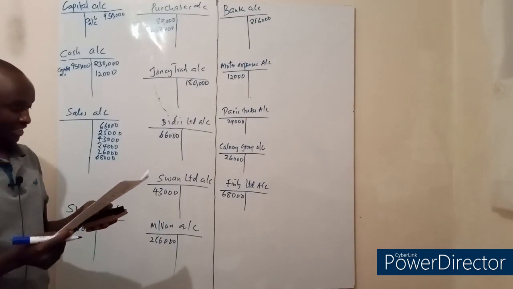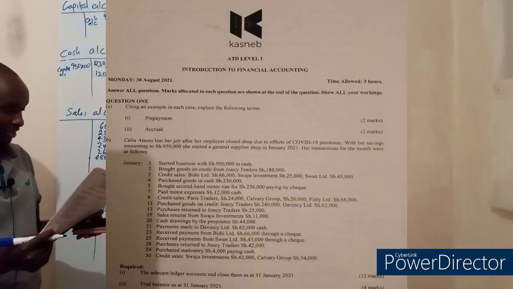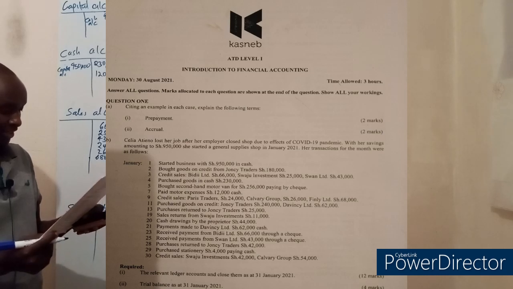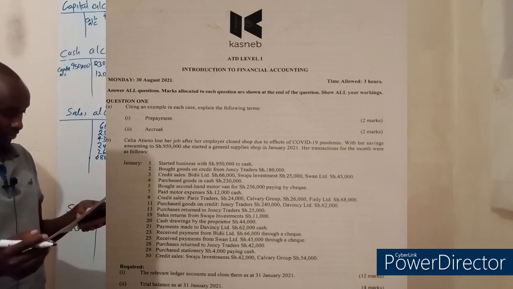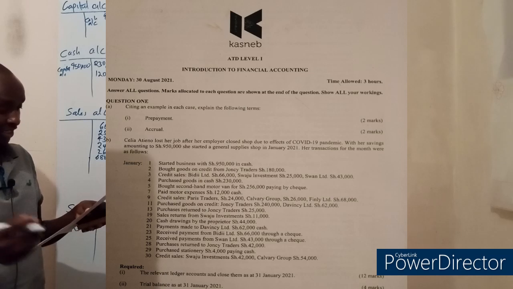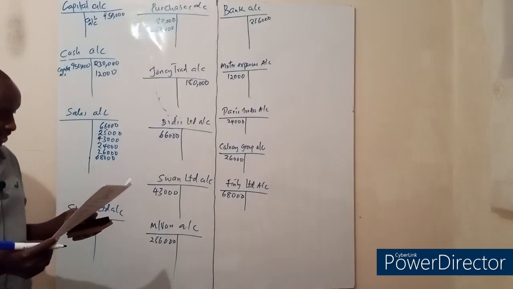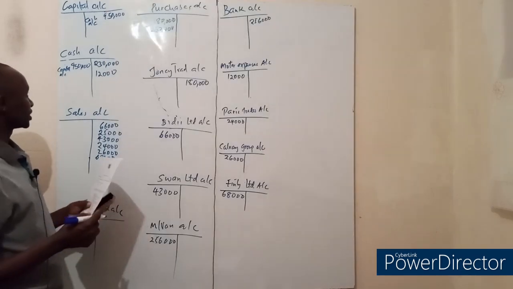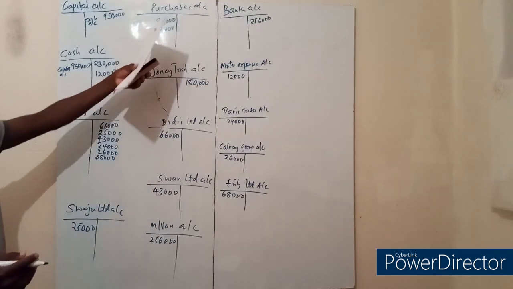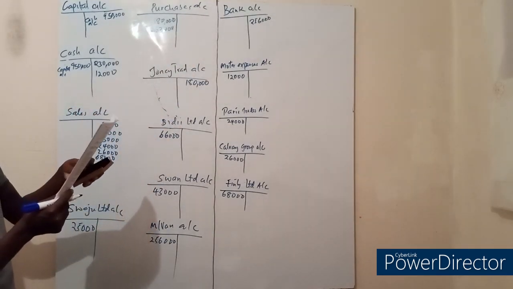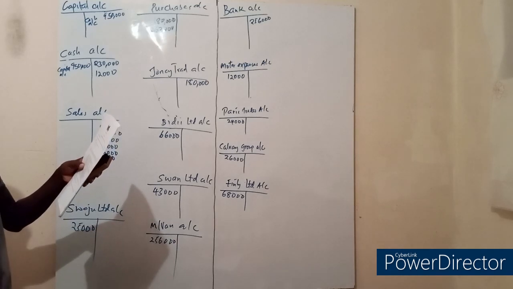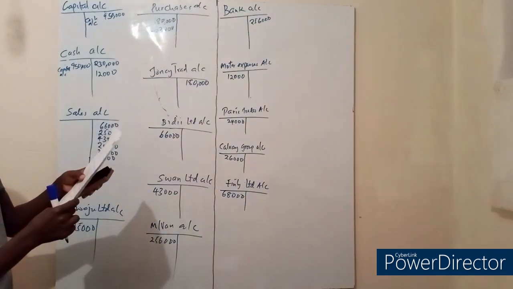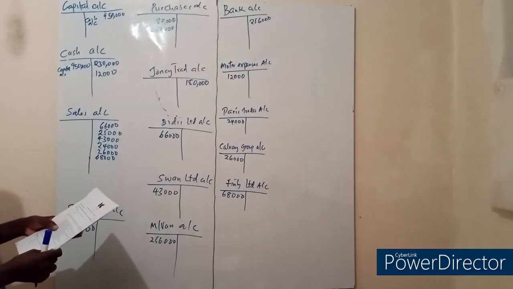Are we together? And then January 11th, purchased goods on credit from Johnson Traders and Da Vinci Limited. So our purchase account is going to increase on the debit side. The accounts that are going to be opened are the purchase account, Johnson Traders account, and Da Vinci.